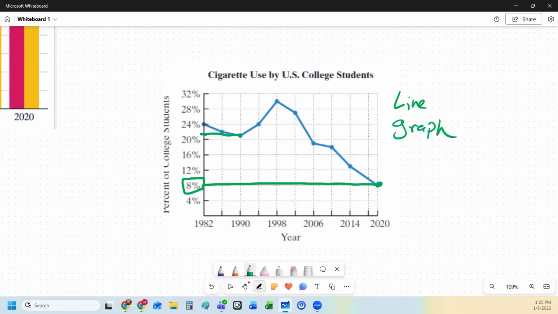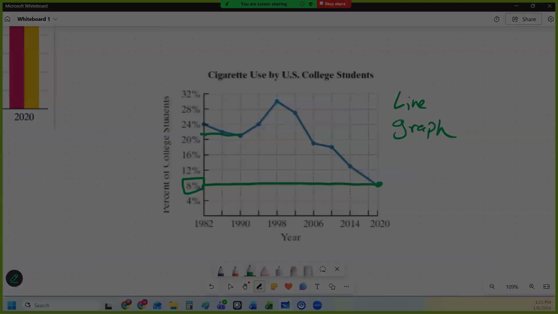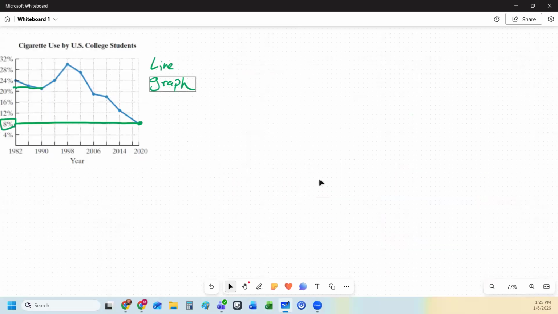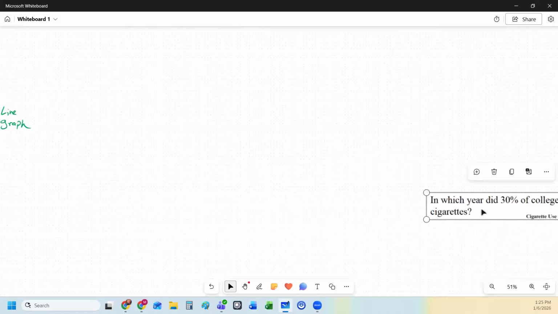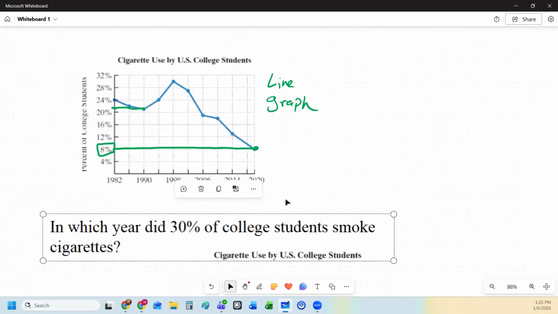A lot of times these are a lot easier to play with. For example, if we're asked some questions, that's not what I want. That is humongous. In which year did 30% of college students smoke cigarettes?